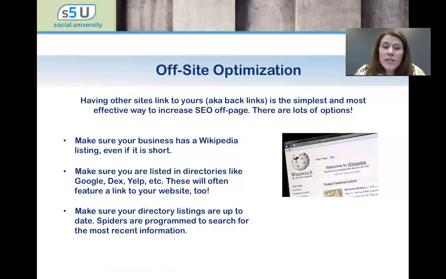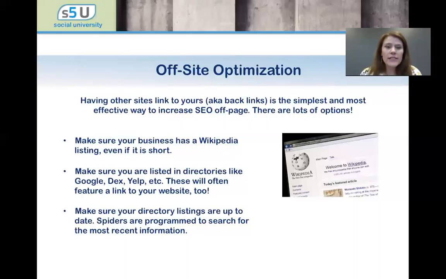Other thing you can do is make sure you're listed on directories like Google, Dex, Yelp, anything like that. And a lot of those will often feature a link to your website as well. There's usually a spot where you can put in your website and all your contact information. And again, what this is going to do is it helps increase that number of backlinks that link into your website. And part of that is that with these directory listings and everything, the spiders are programmed to search for more recent information.